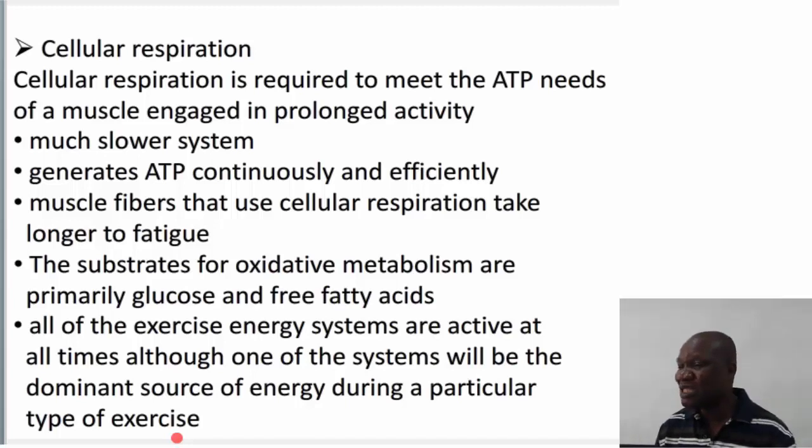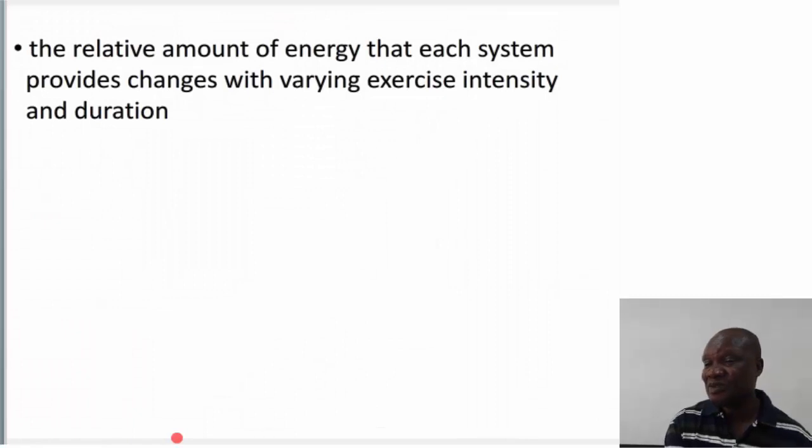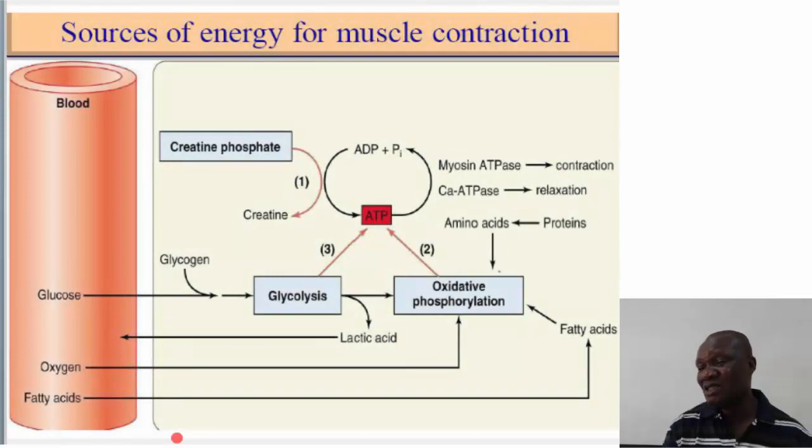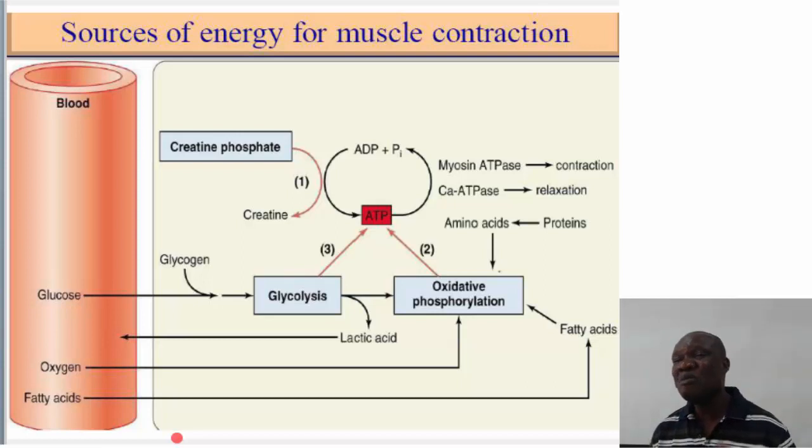Cellular respiration takes longer to generate energy, but is the most efficient since it continuously generates energy and will be used for a long time. Now, during physical activity, all these three processes will be taking place, but the dominant one will depend on the time.